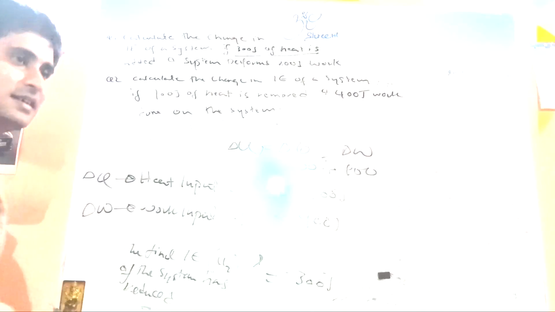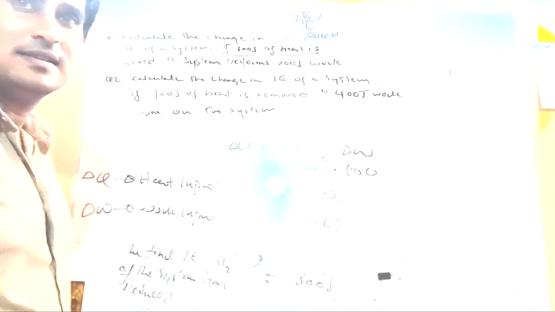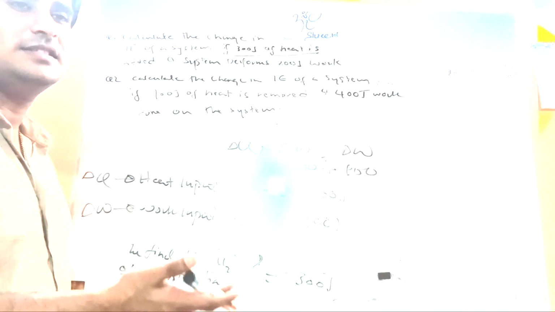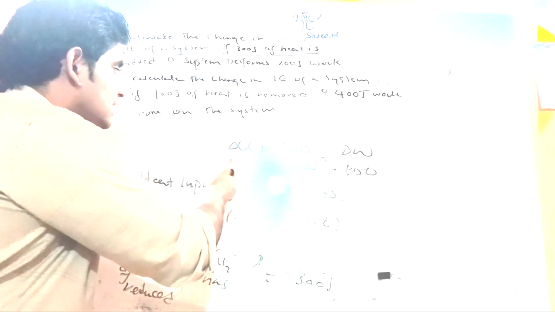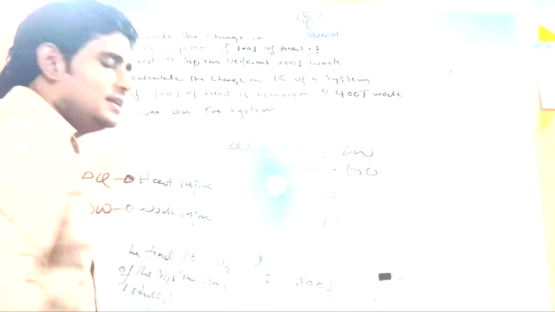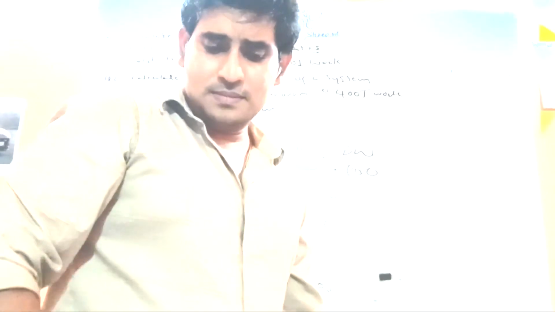Change is negative. That means in this case the final internal energy value is lesser than the initial internal energy, because the initial internal energy was a higher value than the final internal energy. And I hope that problem is clear.